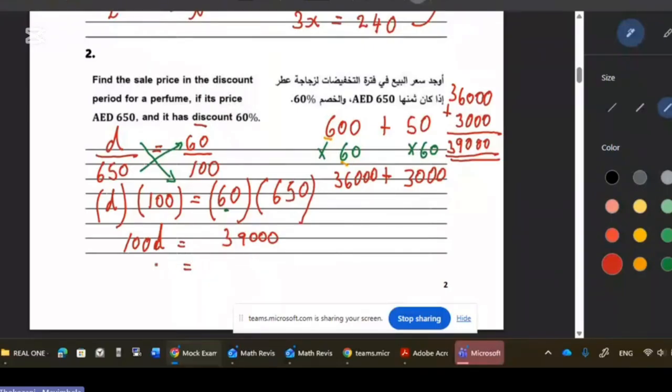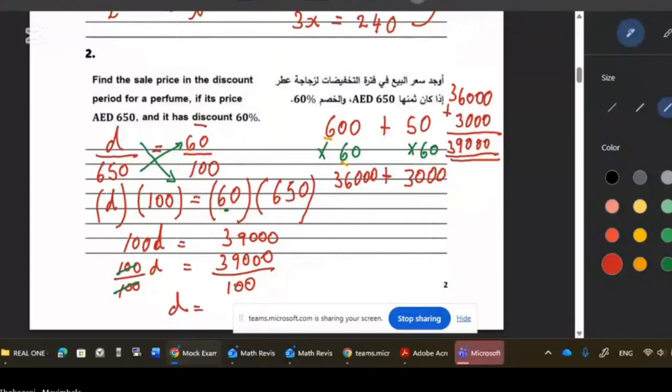Now, once I've done this, I can now divide by 100 on both sides. Now I can say 100, divide by 100, and 39,000 divided by 100. Now again, if you divide the same numbers, the answer will be 1. So 100 divided by 100 will give us 1, and I'm left with D. So D is that.